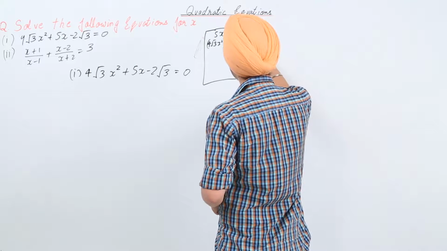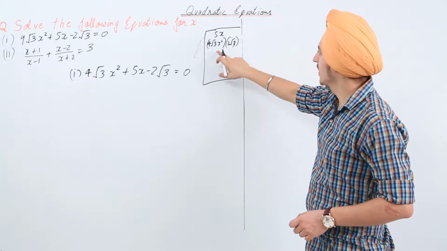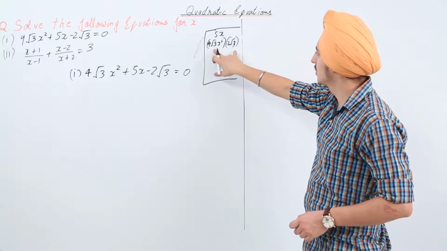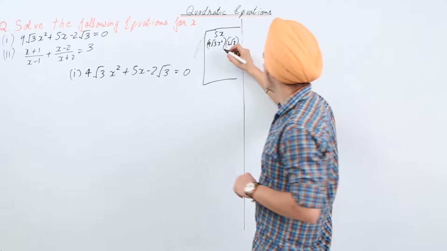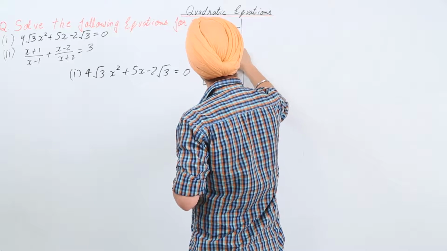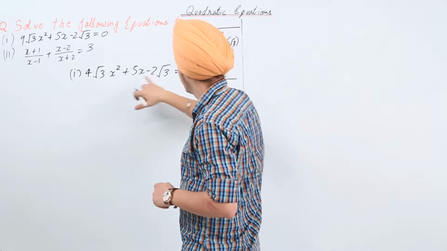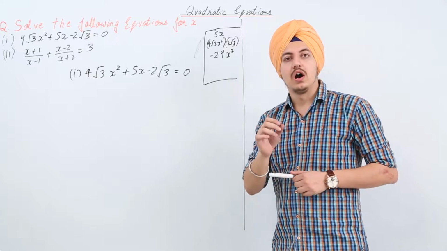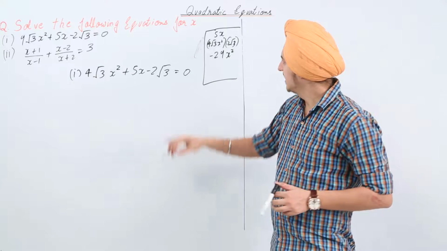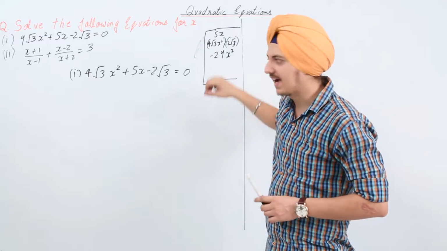So what happens is we multiply these two terms, we get 4 into 2, 8 into root 3 into root 3. So 8 into 3 is 24 x square. So this is minus 24 x square. We multiply this term and this term, we get minus 24 x square. So we have to find a term whose sum is equal to 5x and whose product is equal to minus 24x square.